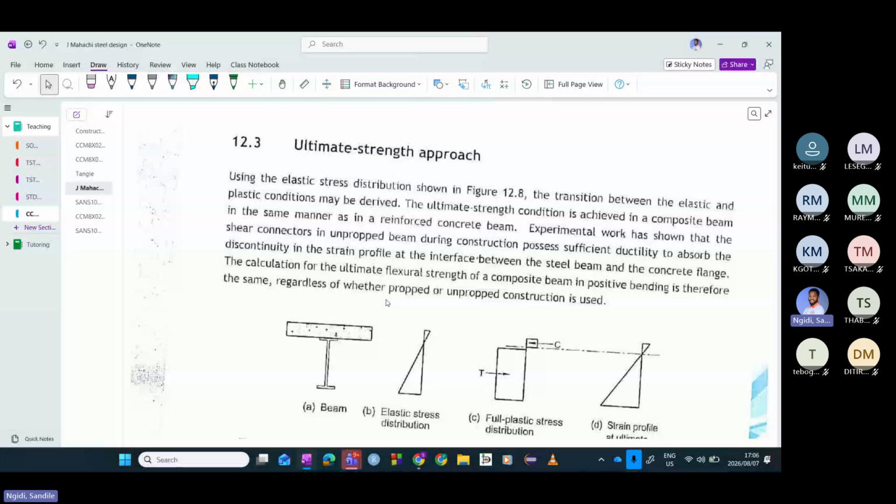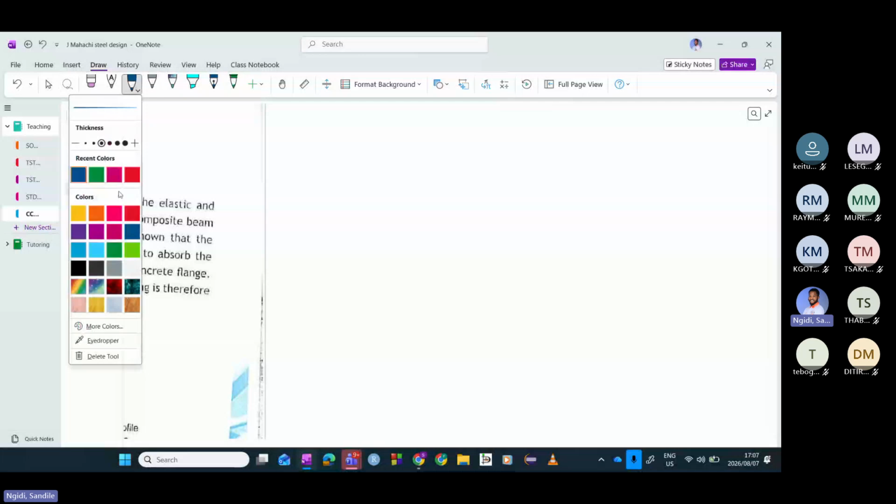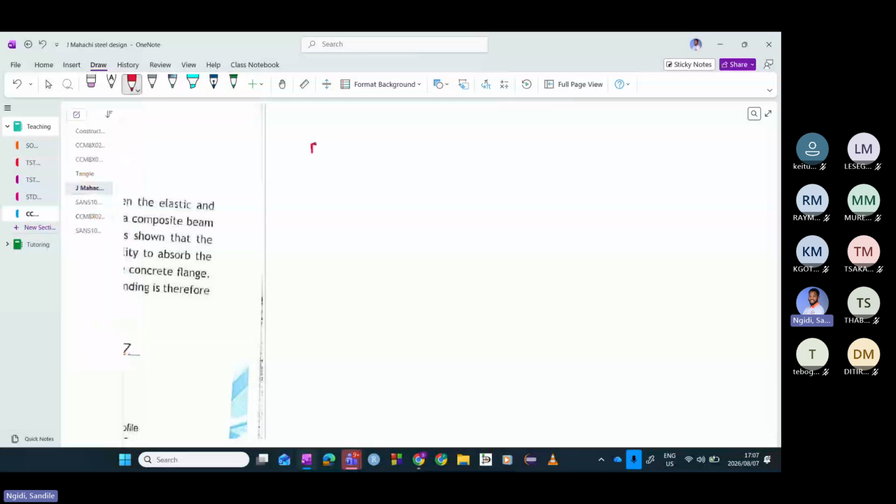If you were to recall, when we went through reinforced concrete beams, the RC beam analysis is a very simple analysis.